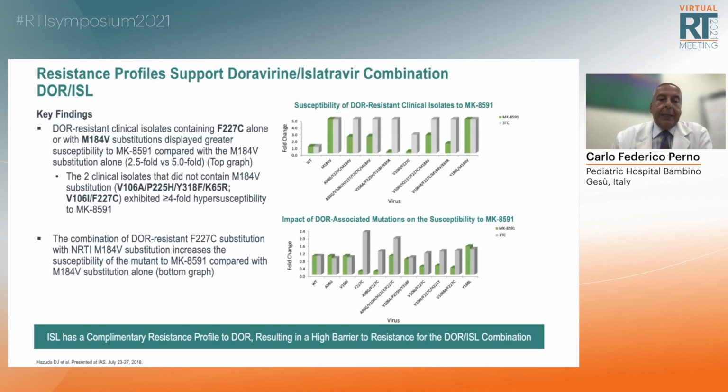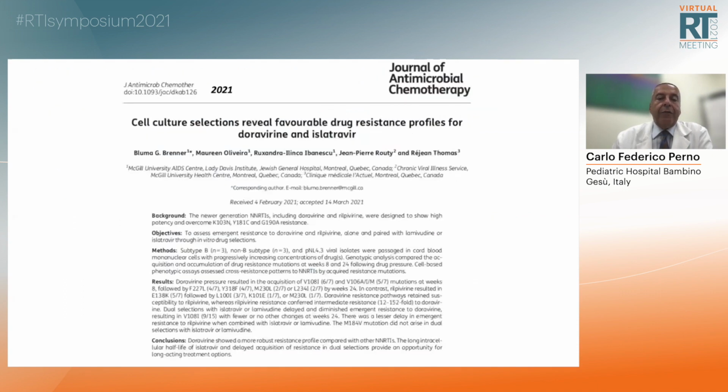That means in practice that a virus put under the pressure of the two drugs together doesn't know where to go, because if it goes toward resistance to doravirine, it makes islatravir more effective, and vice versa. This is a classical combination in which there is always a very good convenience in using the drugs together.